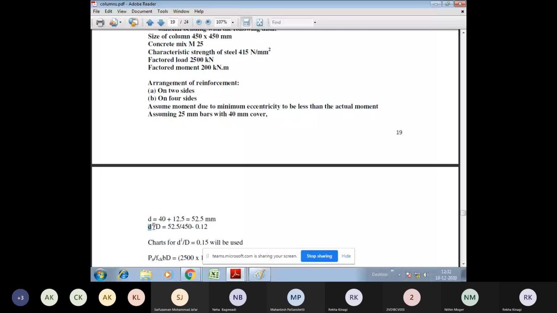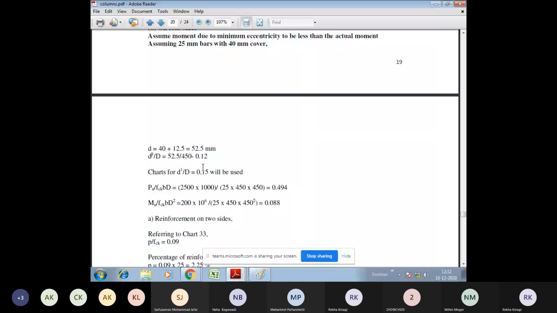D dash value is nothing but clear cover plus half of the diameter of the main reinforcement. So D dash divided by D value is 0.12. And this 0.12 is more than 0.1 and less than 0.15.